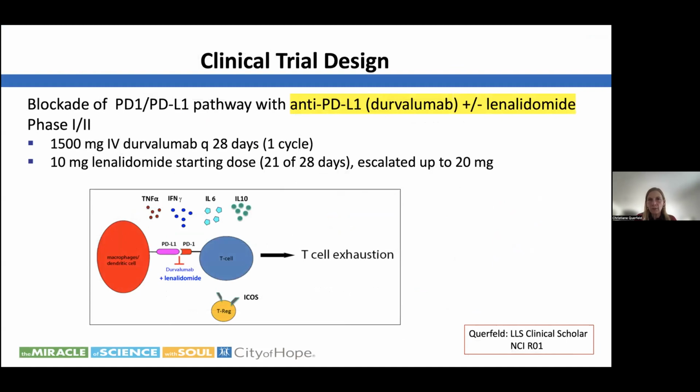There's a trial we participate in from our center, with other centers, with anti-PD-ligand-1, which targets the PD-ligand-1 on the infiltrating immune cells, macrophages, in combination with or without lenalidomide, the combination being thought to target the checkpoints but also the cytokine imbalance, and reverse T-cell exhaustion.